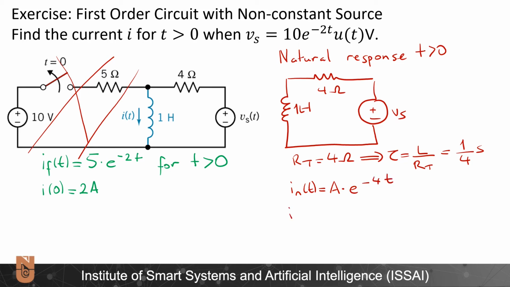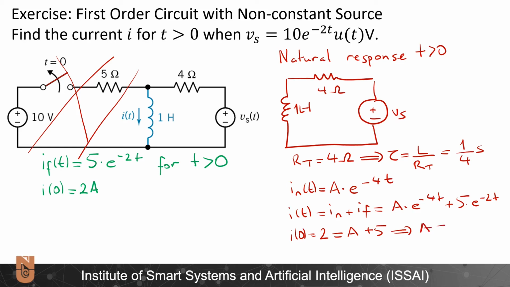The complete response of the circuit will be natural response plus forced response, and will be A times e to the minus 4t plus 5 times e to the minus 2t. However, I know i(0) is equal to 2, and this is equal to A times 1 plus 5. From here, I find A is equal to minus 3.